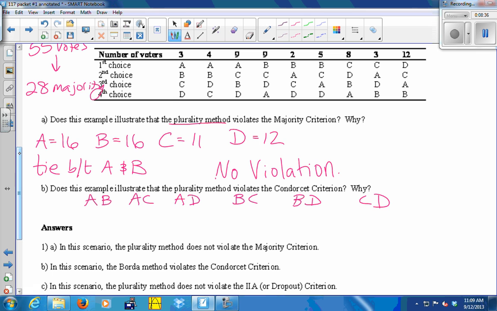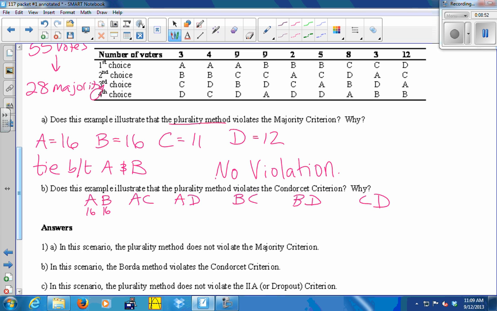So let's see, A versus B. These 16 are going to go to A. The next 3 columns, which also add up to 16, would go to B because they all have B in first place.